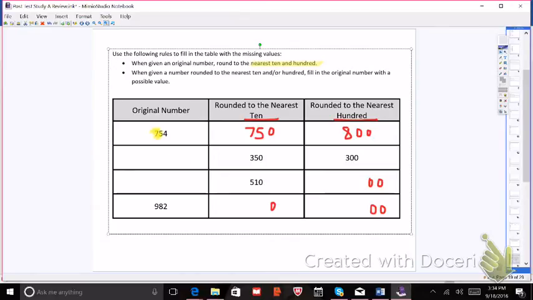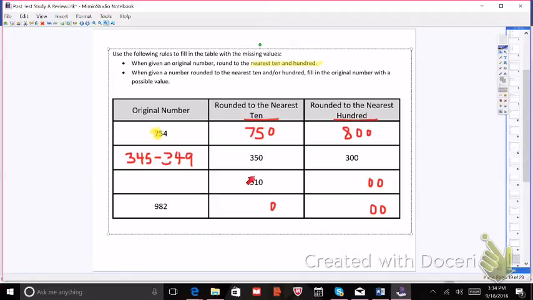It has to be less than 350, but it has to also round to 350 when rounded to the nearest 10. So it would be 345 to 349.